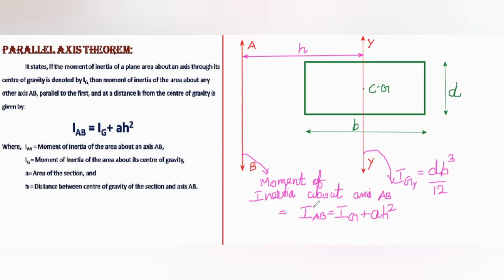Here IAB is the moment of inertia with respect to the axis AB, which is at a distance h from the vertical or yy axis, which passes through the center of gravity. That equals the moment of inertia with respect to the yy or vertical axis passing through the center of gravity, Ig, plus the area of the section multiplied with h, the distance between the two axes or the axis and the center of gravity, square. So this is the parallel axis theorem.